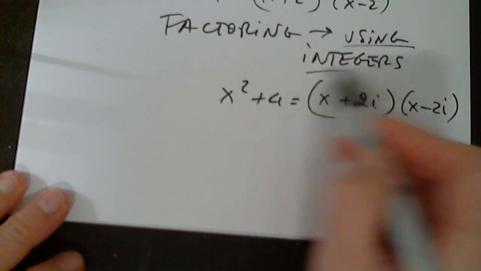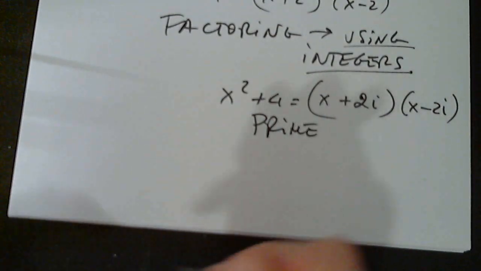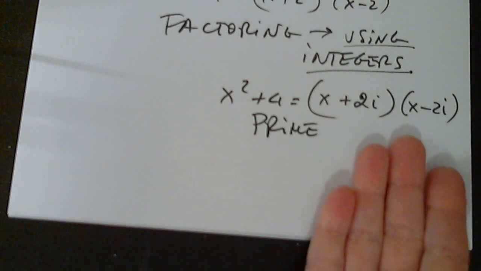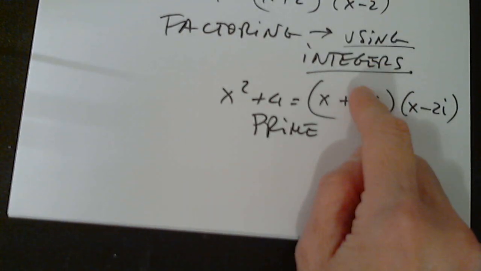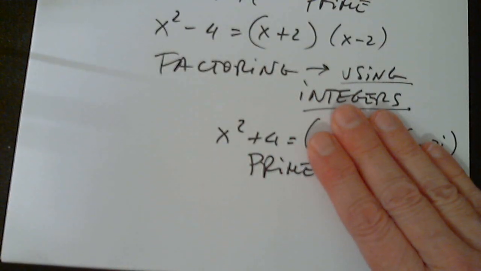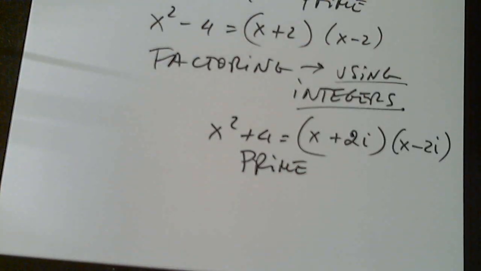But this is not using integers, so that's why we call it prime. It can be factored using imaginary numbers, but we don't really care about that at this point. When we say completely factor, we don't really mean this. Okay, that makes sense. Good.